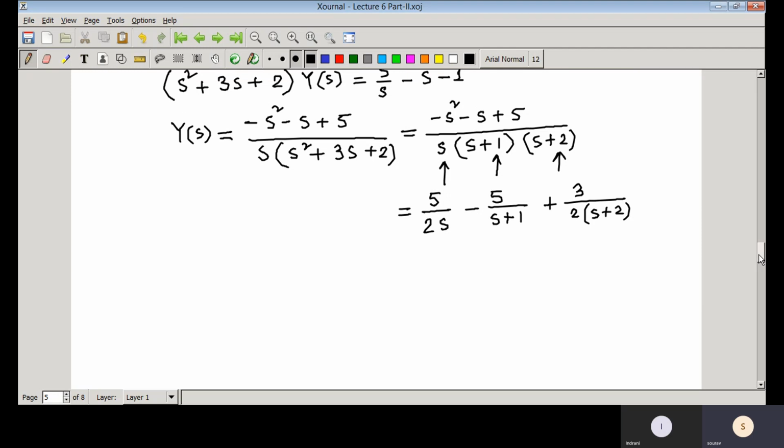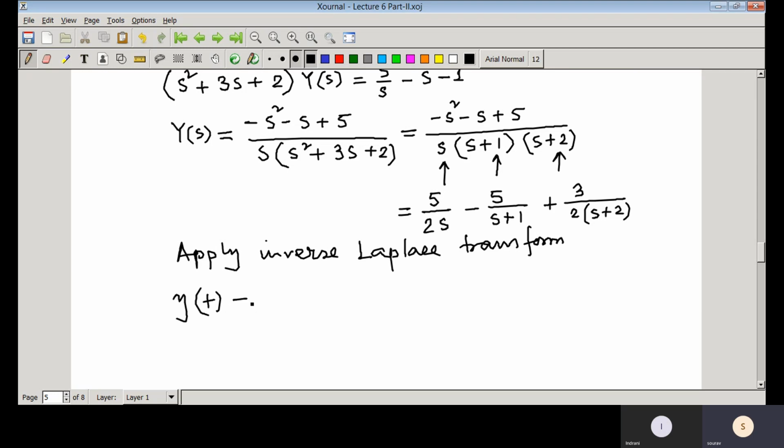Then apply the inverse Laplace transform as before. You will get y(t) = 5/2 - 5e^(-t) + (3/2)e^(-2t), for t ≥ 0.